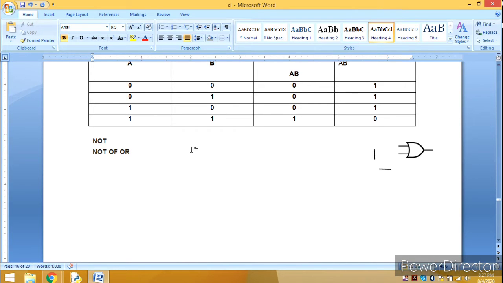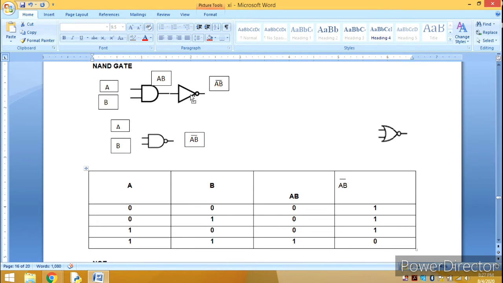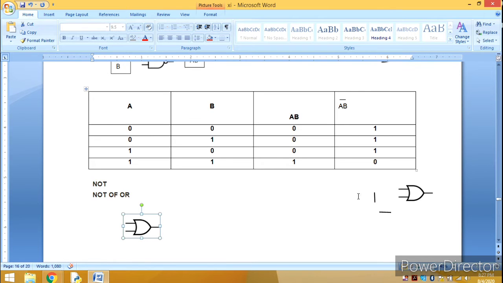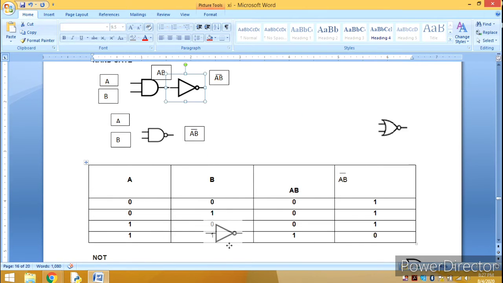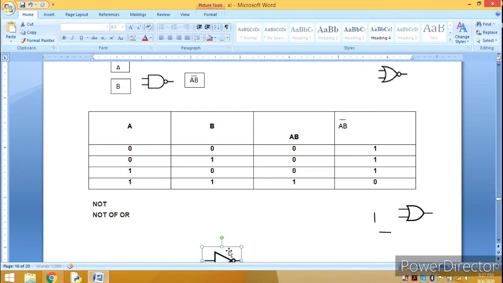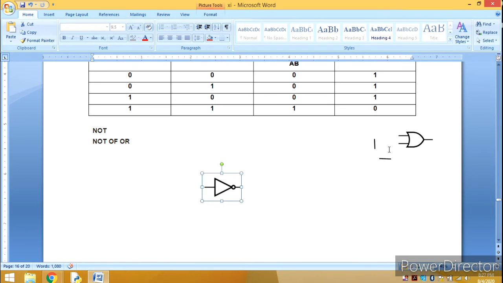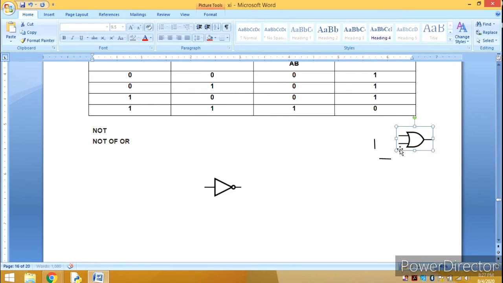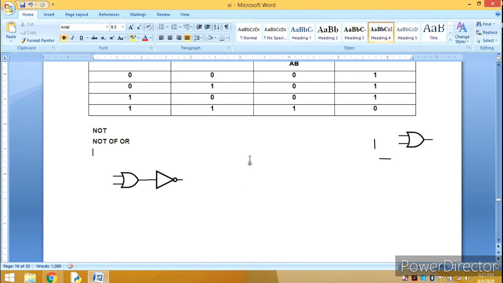That means you will be having one OR operator, and again one more NOT operator. You will be having a NOT operator along with an OR operator.